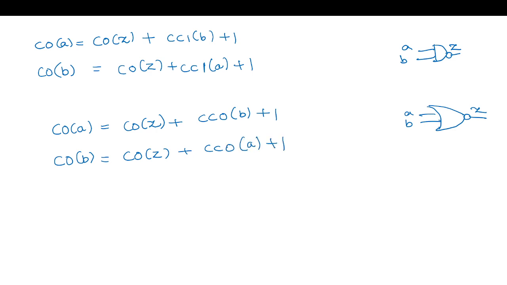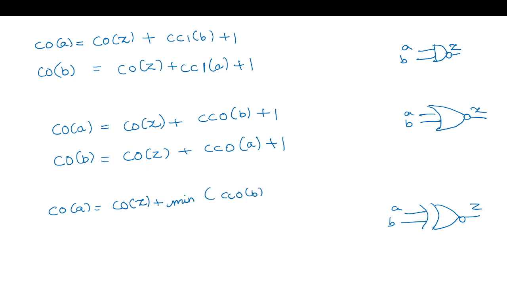That's all. For an XNOR gate, we want either of them to be like a combination. The non-controlling value can either be 0 or 1, so whichever has the minimum, CC0 for the other input or CC1 for the same input, plus 1.